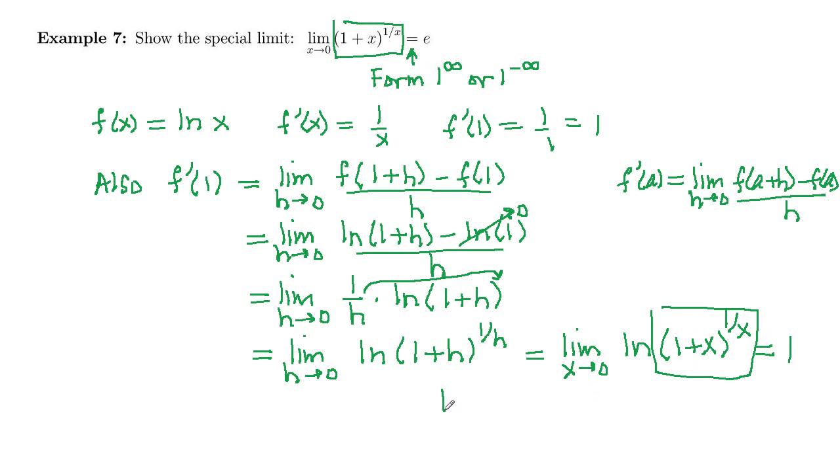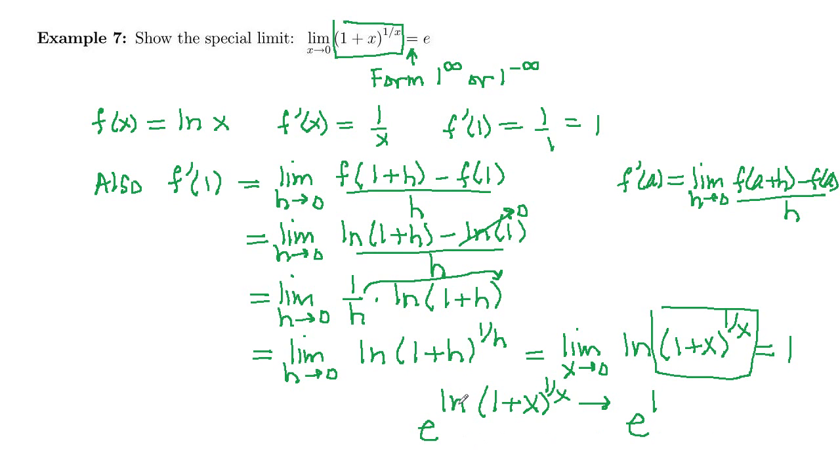So what's going on here is that the natural log of the quantity (1 plus x) to the 1 over x power is approaching 1. So if we exponentiate on both sides, then e to the ln of (1 plus x) to the 1 over x power should approach e to the 1.